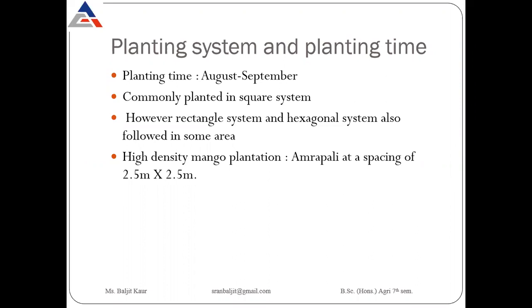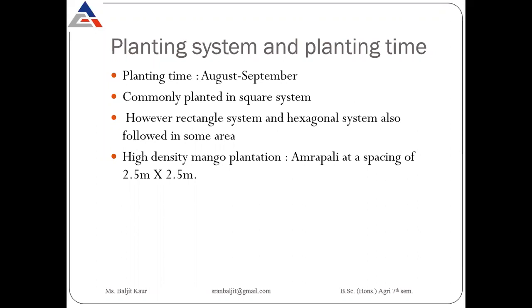And one important thing is that when we have to follow grafting or budding, we have to do it in the months of July, August, September, right? Because in these months the sap flow is very good, and when the sap flow is good, only at that time the cambium layers can unite well.